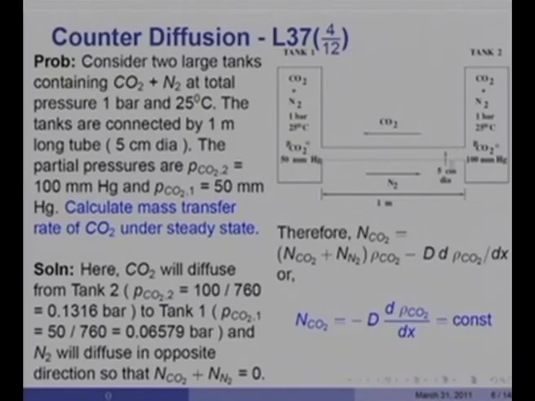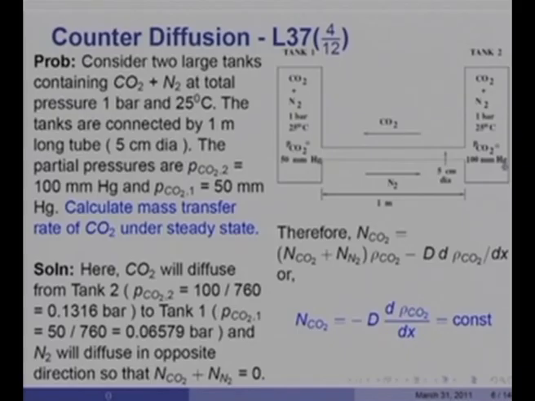of 5 centimeter diameter. Although the total pressure in tank 1 is 1 bar, the partial pressure of CO2 is simply a low 50 millimeters of mercury, whereas the partial pressure of CO2 in tank 2 is 100 millimeters of mercury.